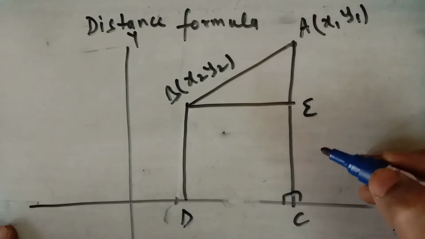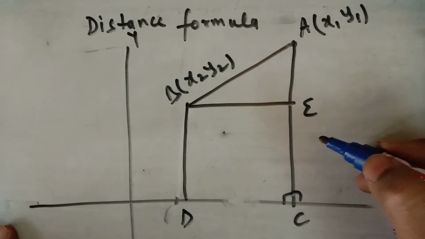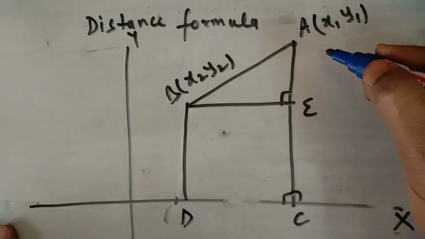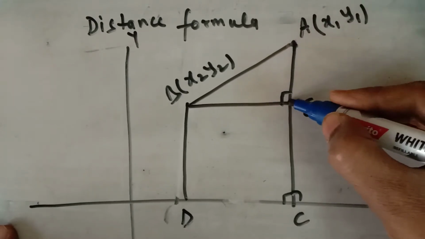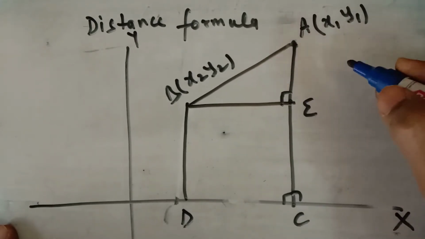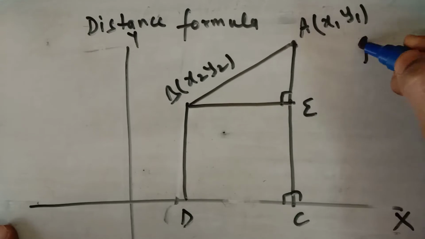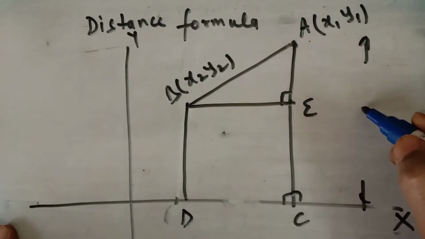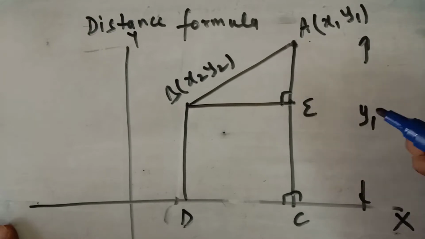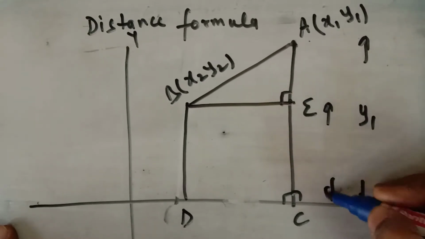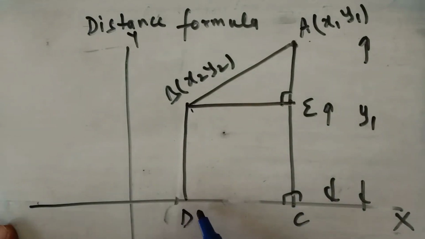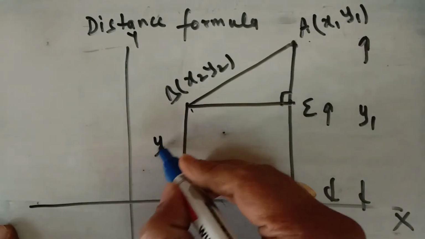Now you have to find the distance between A and B, which we can find by using the Pythagoras theorem. Now what is the distance AE? If you see it carefully, the distance of this point A from the x-axis is equal to the y coordinate, y1, and the distance of this point B from the x-axis will be equal to y2.